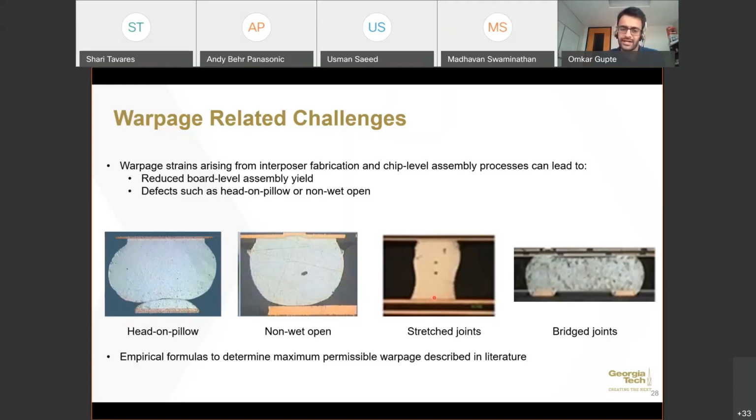Because of warpage in different areas, for instance at the edge of the package, you can have stretched joints, whereas in the center of the package, where the warpage is lesser, we can have bridged joints. So squished or bridged joints. All these lead to reducing the assembly yield and can actually cause major challenges.